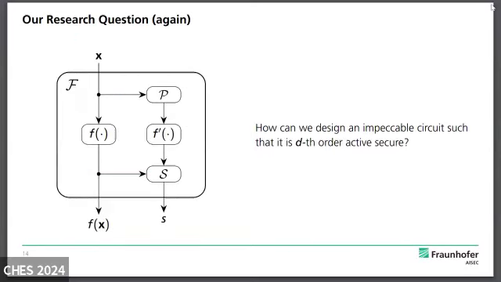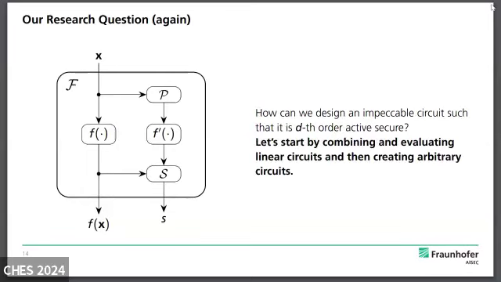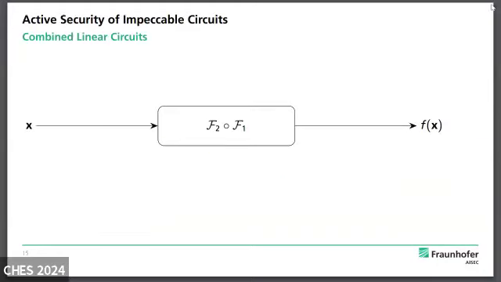So knowing that this has been around, we were able to refine our question to: how can we design an impeccable circuit? So we connected two principles, impeccable circuits and active security, such that the resulting circuit is active secure. And I'm going to shortly propose some methods on how we did this. For now, I'm only considering linear circuits, which is pretty straightforward.